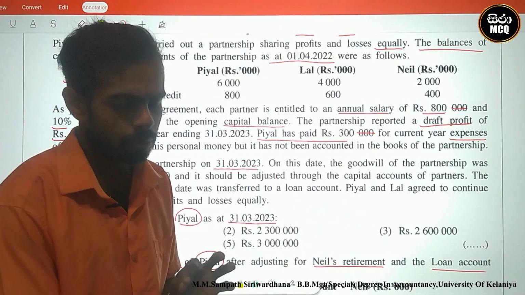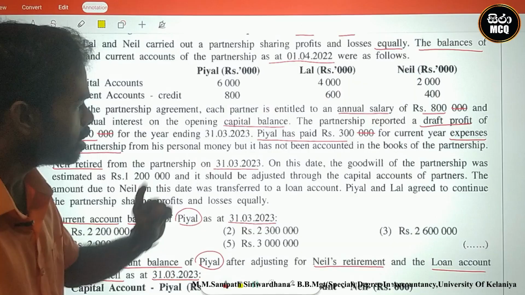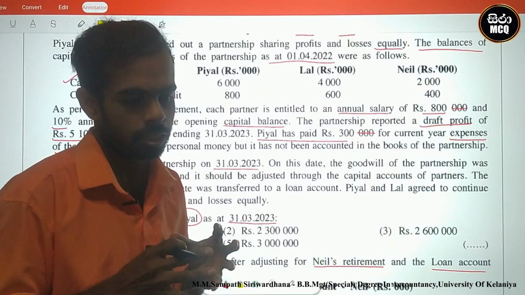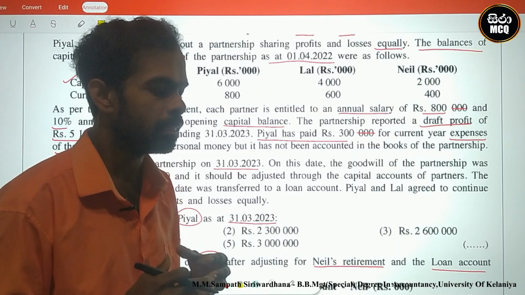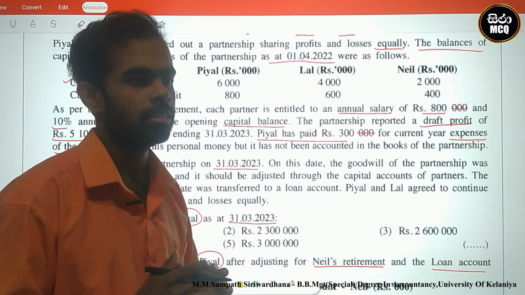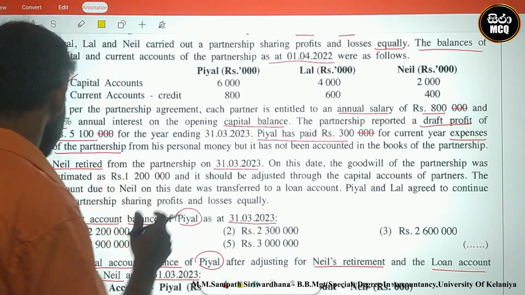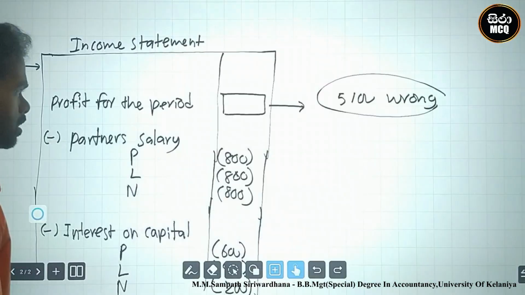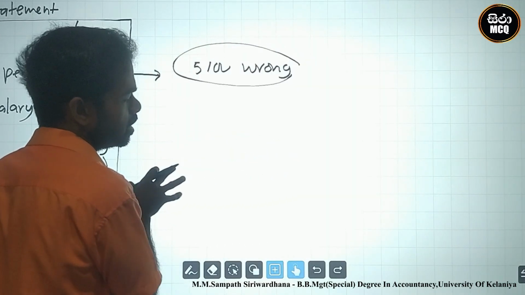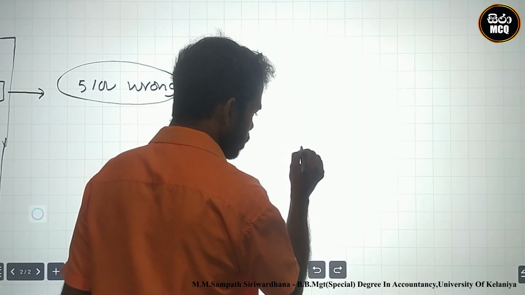The partnership expense was paid by the partner's personal money. At that time, we can imagine that this is support for the partnership. Therefore, 300, what is the double entry? I write that this is support to the business. Therefore, this is credit to current account.